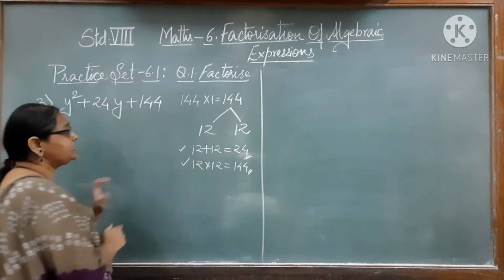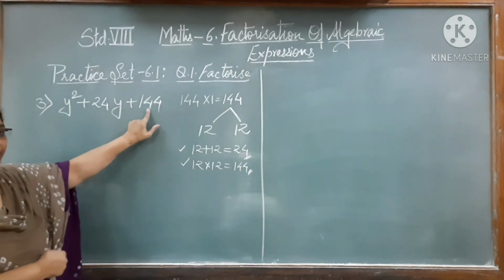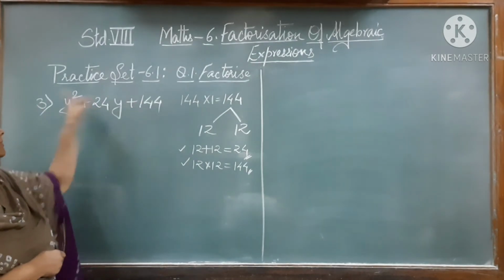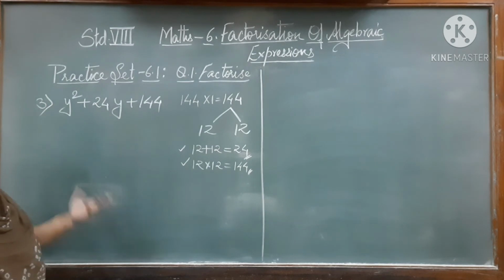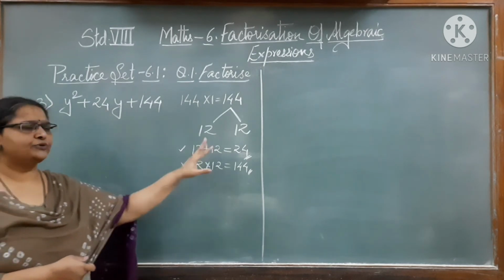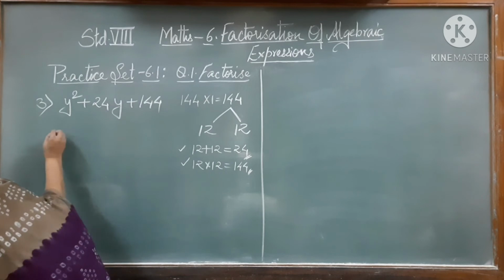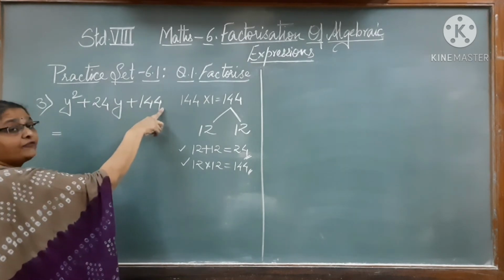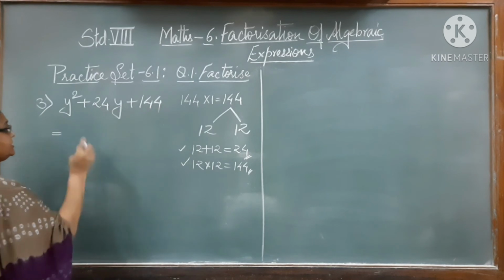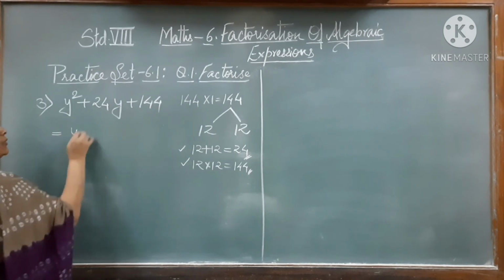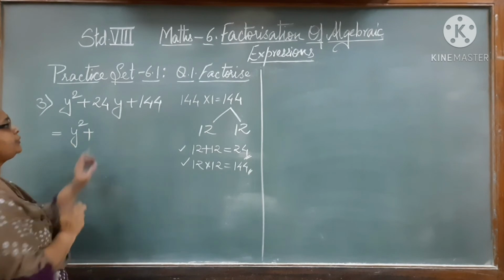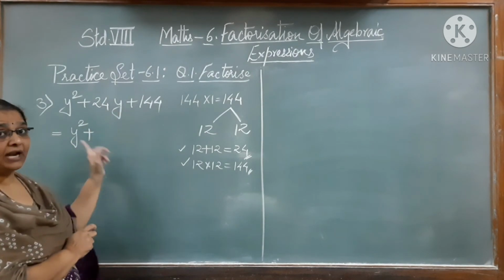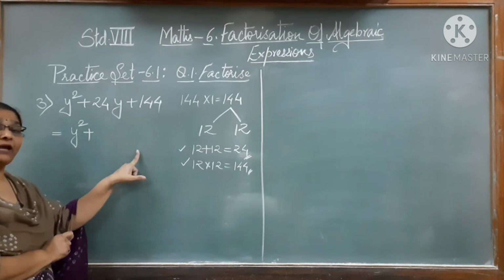So I get the product of the constant term and the coefficient of the first term as 144. Let us now take these terms together: y squared plus 24y plus 144. We are going to find the factors. Let us see. y squared plus 24y should be split into 12 and 12 multiplied by y.